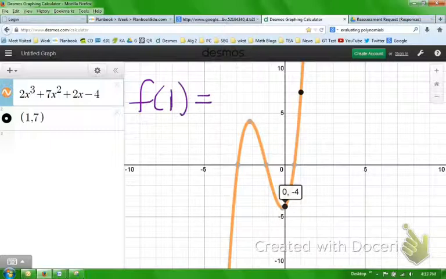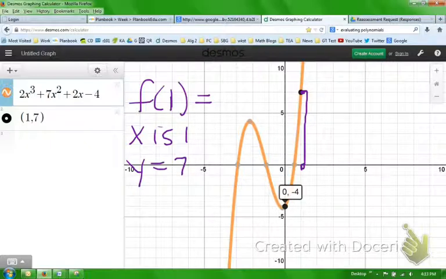So this means x is 1. On your graph, go to 1, and then I want to find what the y value is. So here's 1 right here. Follow it all the way up until it hits the graph, and we have that point right here. So y is 7. You could write that f of 1 equals 7.